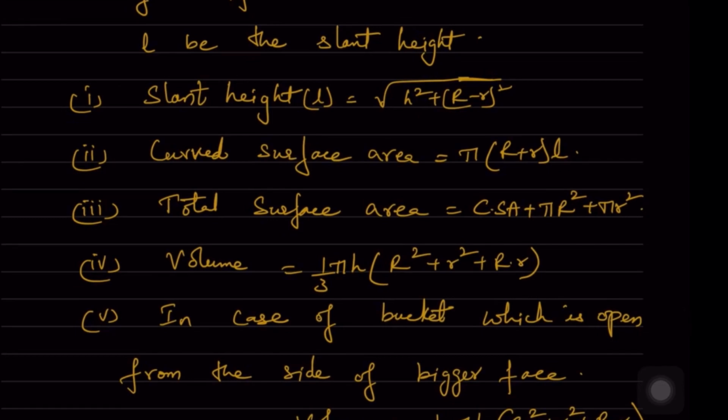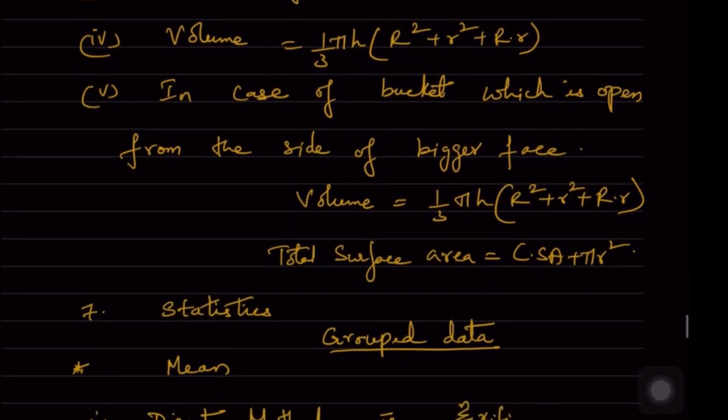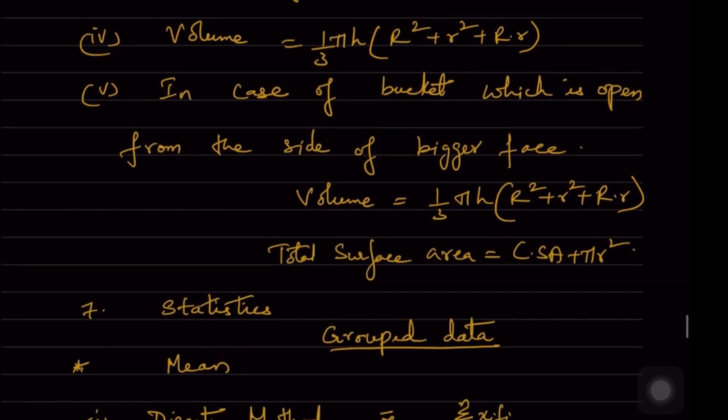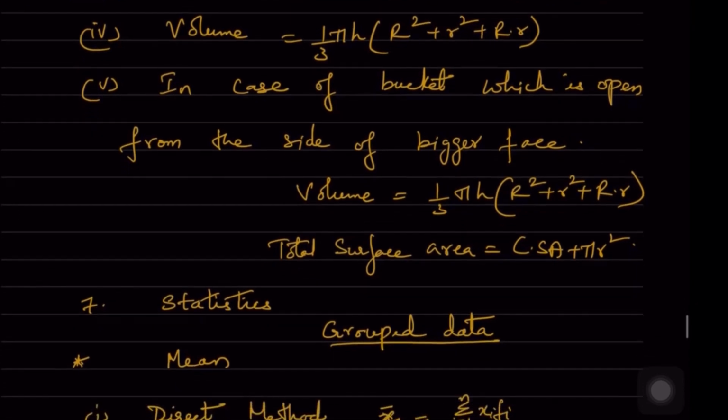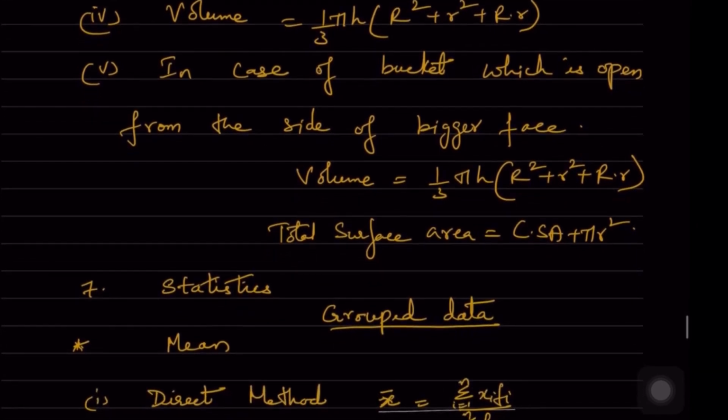Volume is equal to 1 by 3 pi h into capital R square plus small r square plus capital R into small r. In case of a bucket which is open from the side of the bigger base, volume is equal to 1 by 3 pi h into capital R square plus small r square plus capital R into small r. Okay, that's the volume. Now total surface area is equal to CSA plus pi small r square.